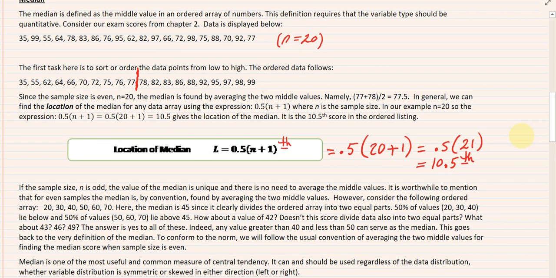Now, again, median has a number of advantages, and there's really no disadvantage of the median, other than what you just saw: if the number of data points is even, we have to find the halfway point between.